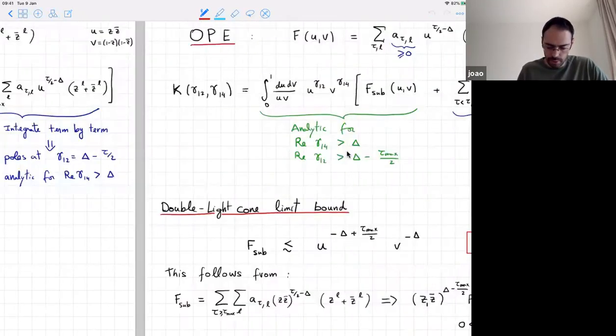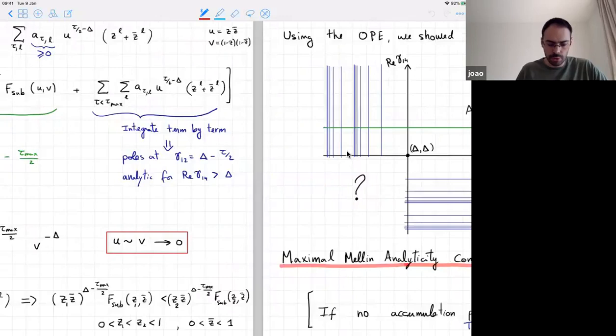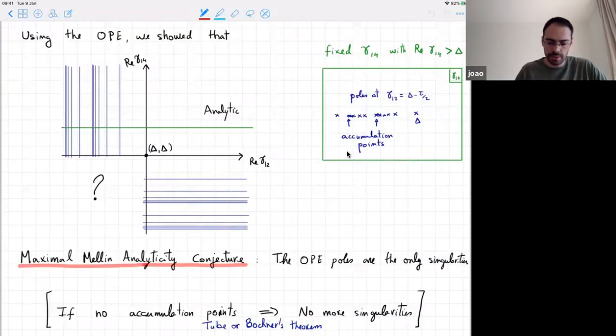Okay, so let me not go into these details in view of time. In fact, you have to be careful to bound also the double light cone limit when both u and v go to 0. But we did it. It's possible to do it. So the conclusion is this one, that one can show analyticity of this form, where here you only have the OPE poles.